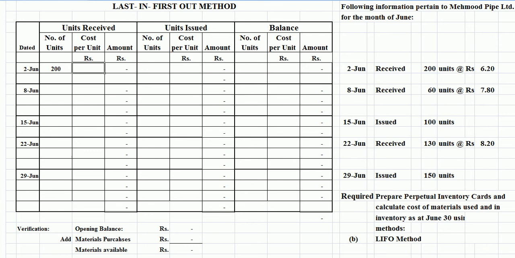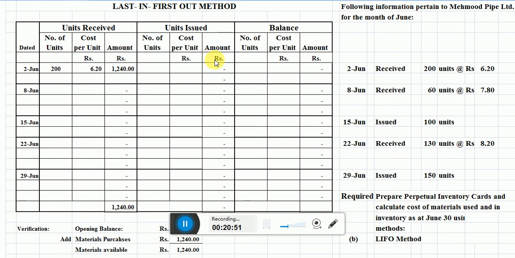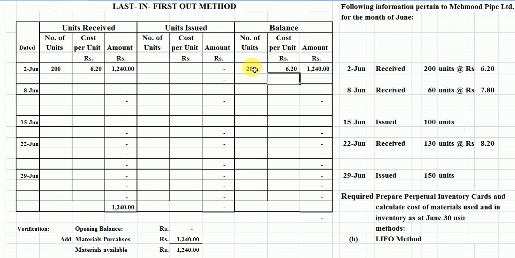In the balancing column we have to record this same 200 units at 6.20. This is our first transaction, which is recorded in the column of units received and in the column of balance.